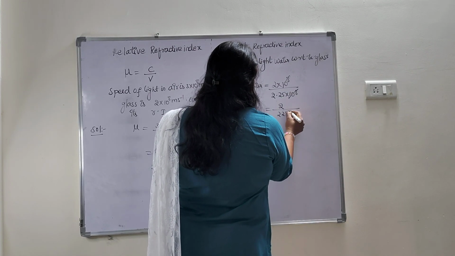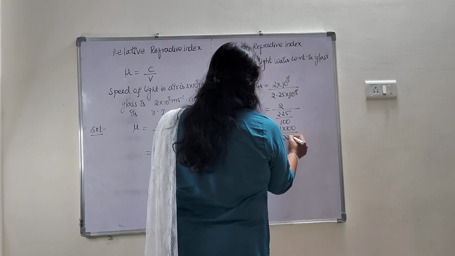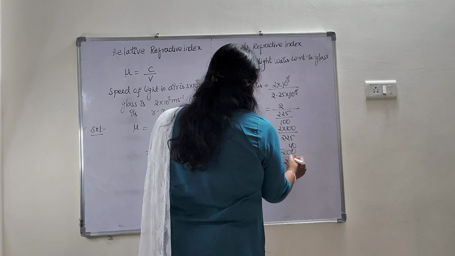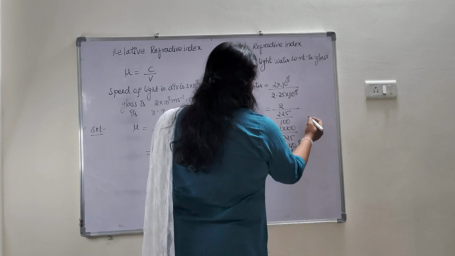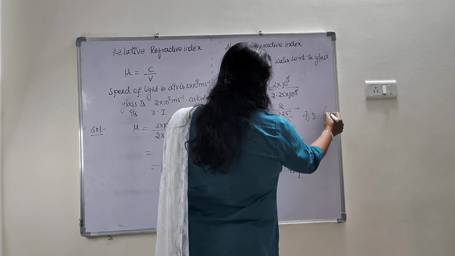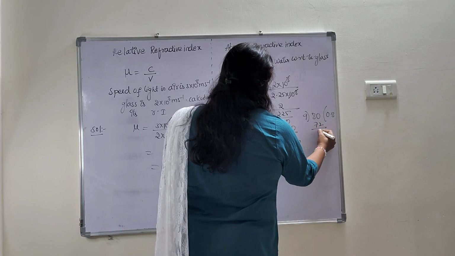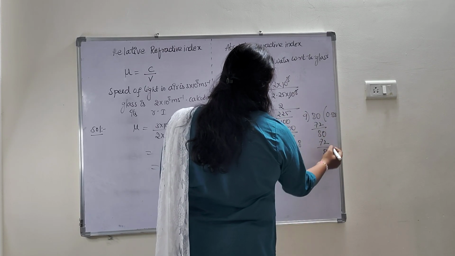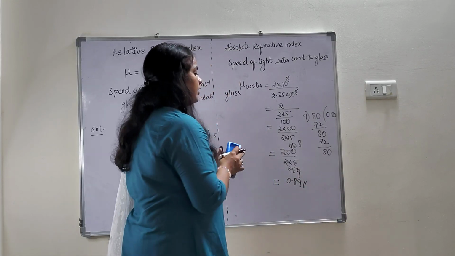So 2 into 100 by 225, 200 by 225. 5 40s, 5 45s, so 8 by 9. 9 divided by 8, how much will you get? 9 9s are 81, 9 8s are 72. Like that it will be. So the value can be taken as 0.89. There is no specific unit.